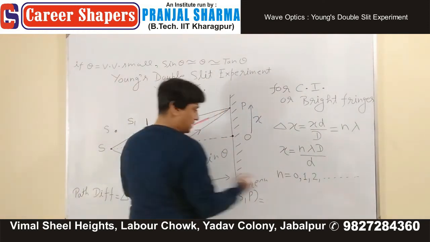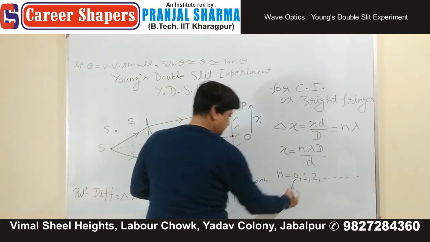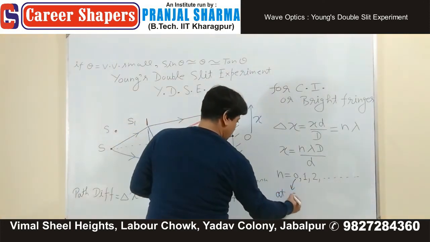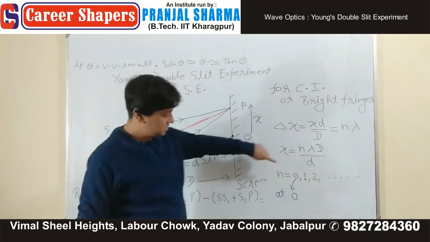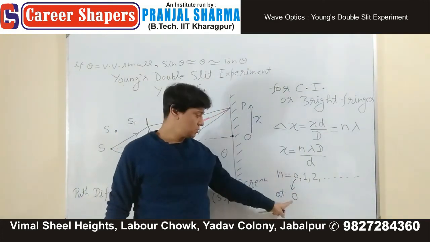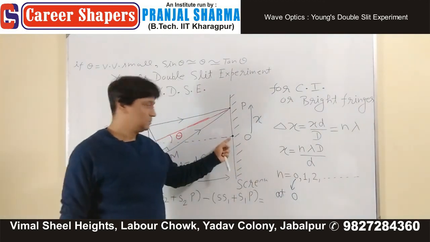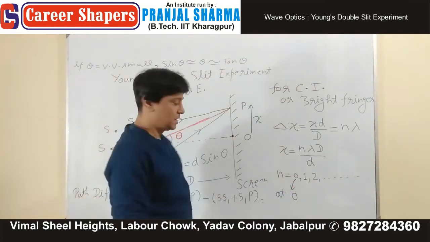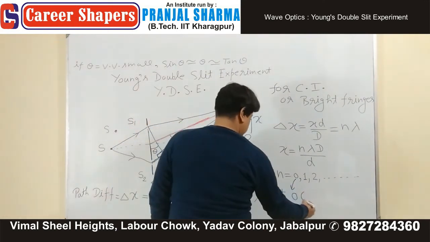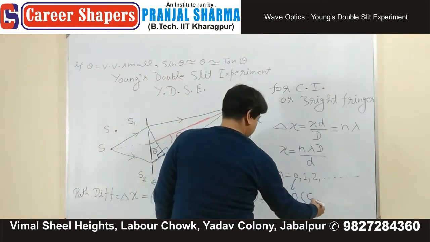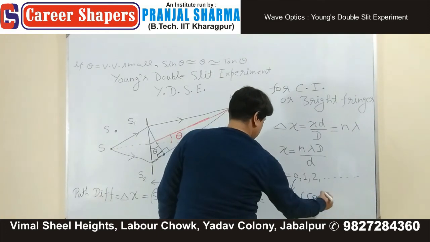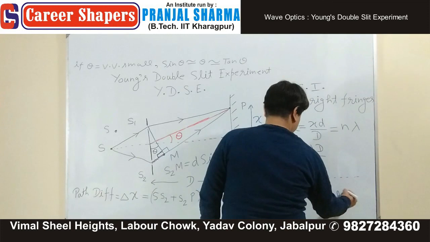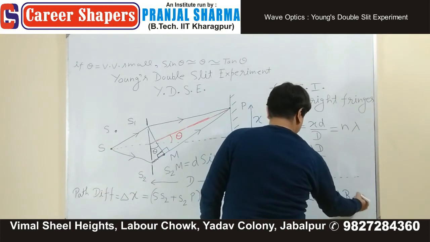For n equals to 0, we are at O. This is 0, this is O. For the center of the screen, this 0 corresponds to the central bright fringe.